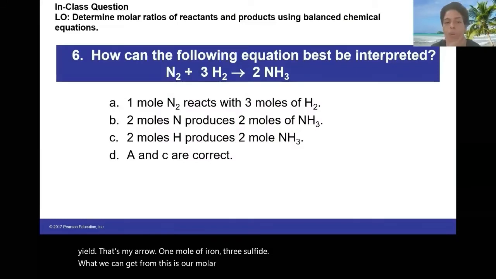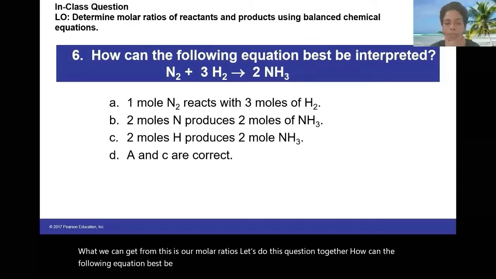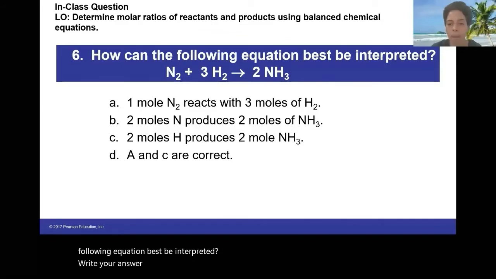Let's do this question together. How can the following equation best be interpreted? Write your answer in the chat box. We can't just say what something reacts. We have to give the whole equation.